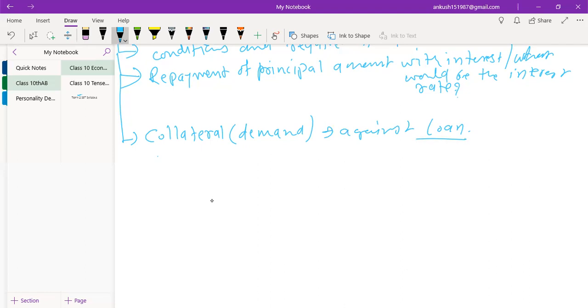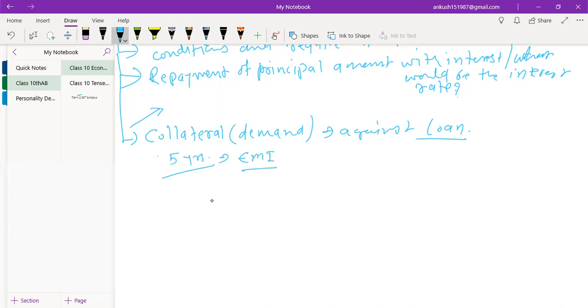But what would happen if suppose that collateral is not worth the amount of credit? Let me explain first. Suppose the loan amount is given for 5 years in equated monthly installments.